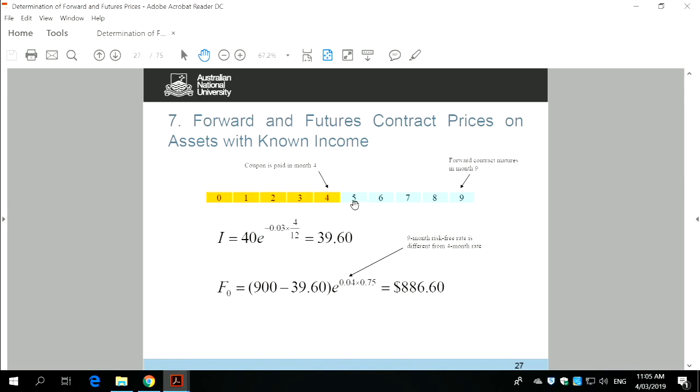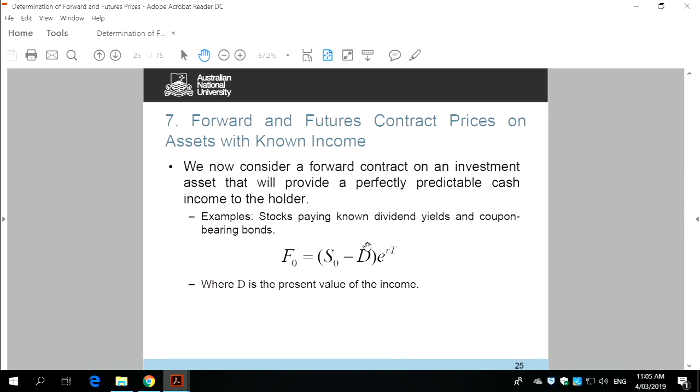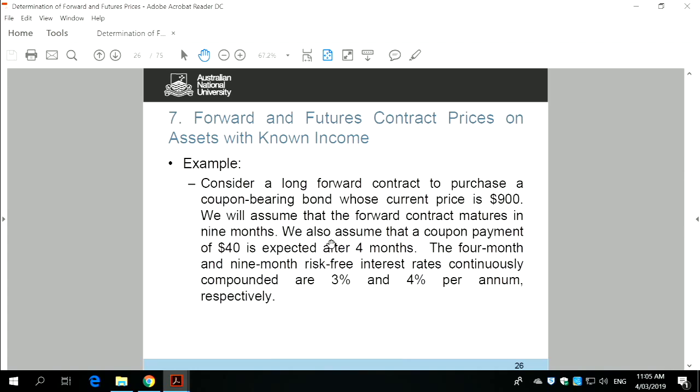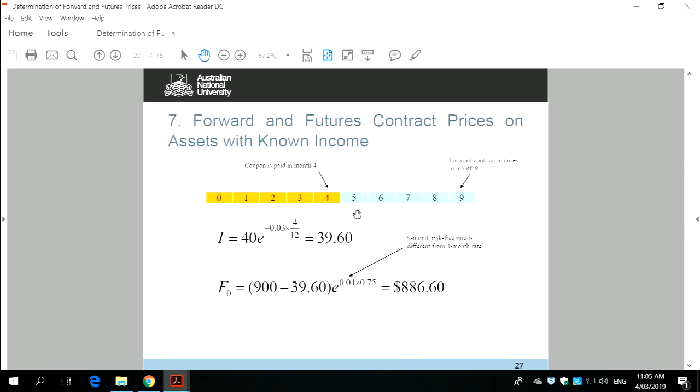As I mentioned earlier, we have to strip away the dividend or the coupon from the current price. And this is a timeline. We know the coupon will be paid in month 4, and it will pay us $40, right? Now, we have to discount this $40 back to the present.